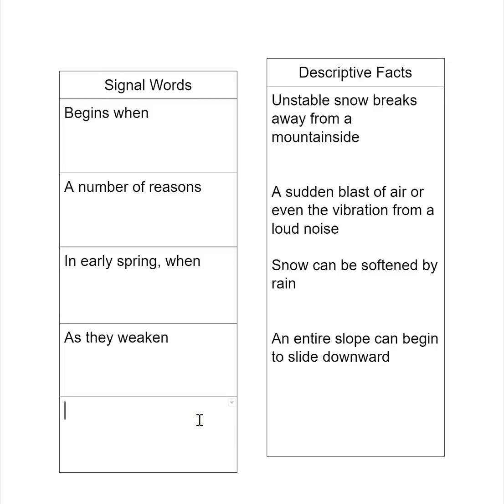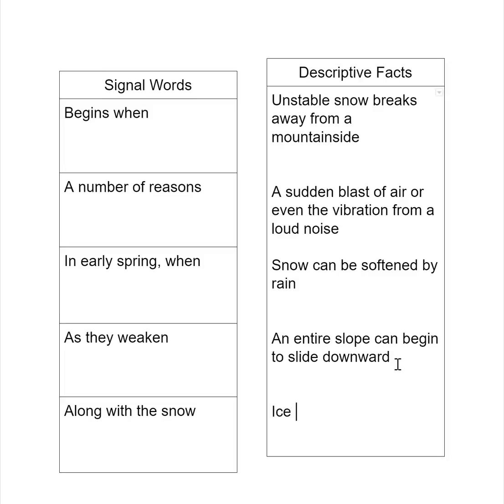Okay, and our last signal words, let's see. It's going to be on page 557, where it says, along with the snow. So page 557, the first paragraph, along with the snow, and then that's our signal that the author is about to tell us what comes down along with the snow.